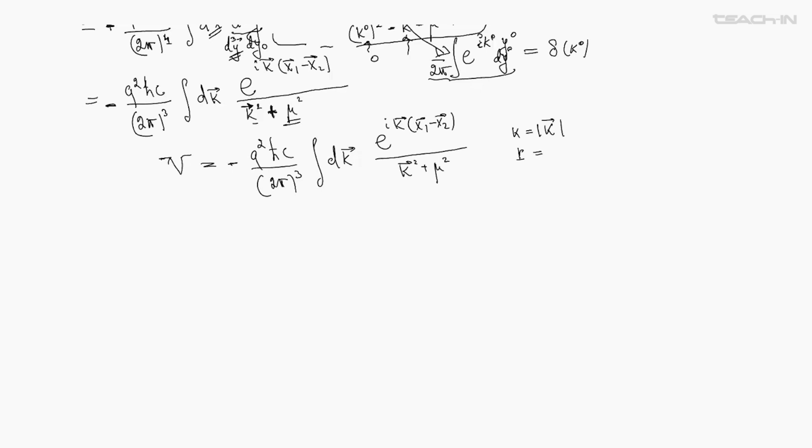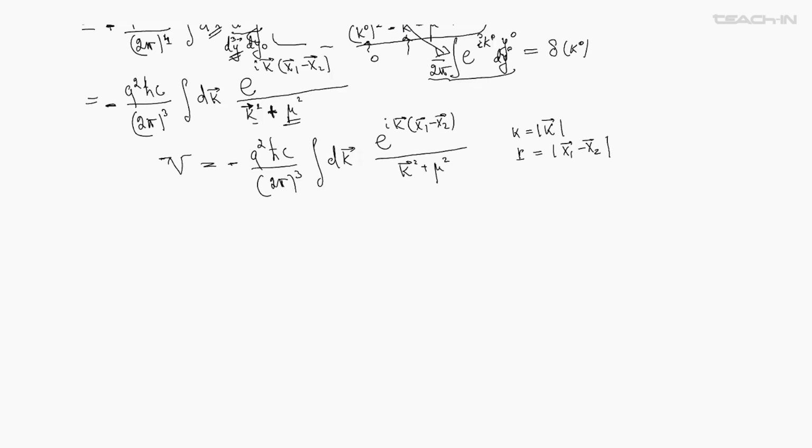It's the distance between these two points. Then we can choose the spherical coordinate system by directing the z axis along x1 minus x2. And so then our integral will be written in the following way.